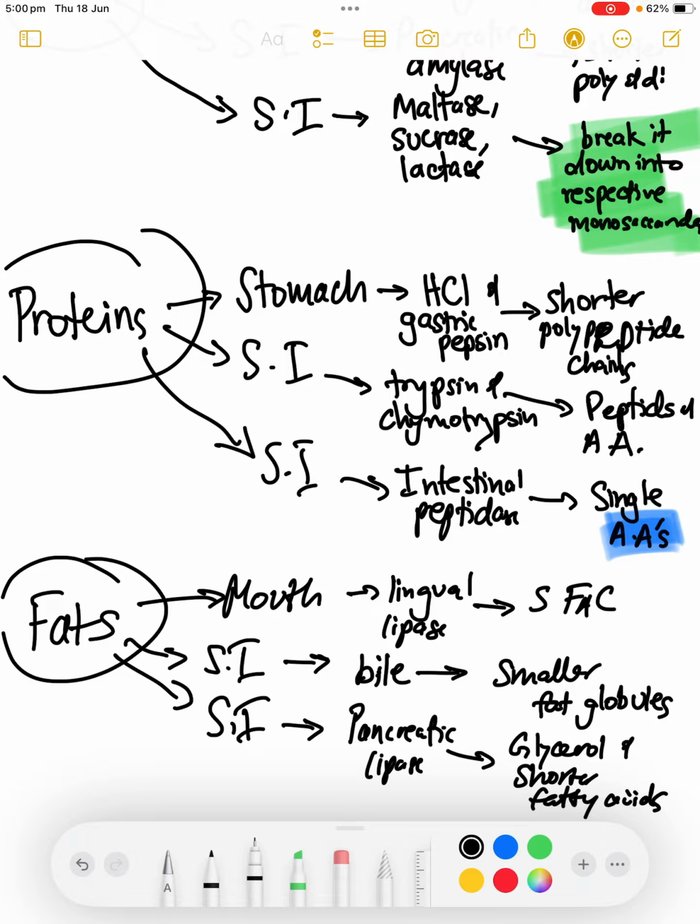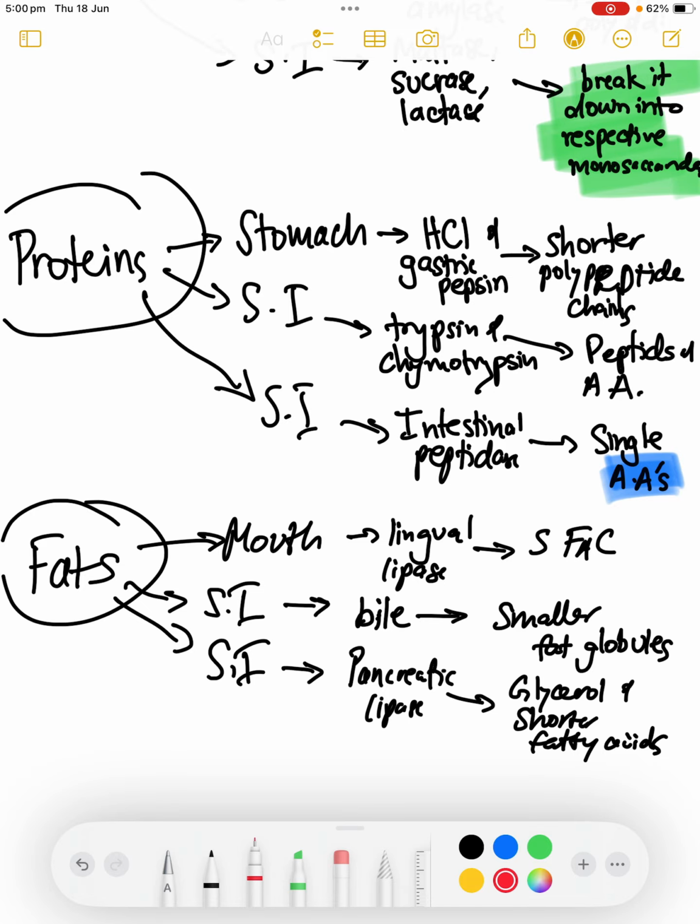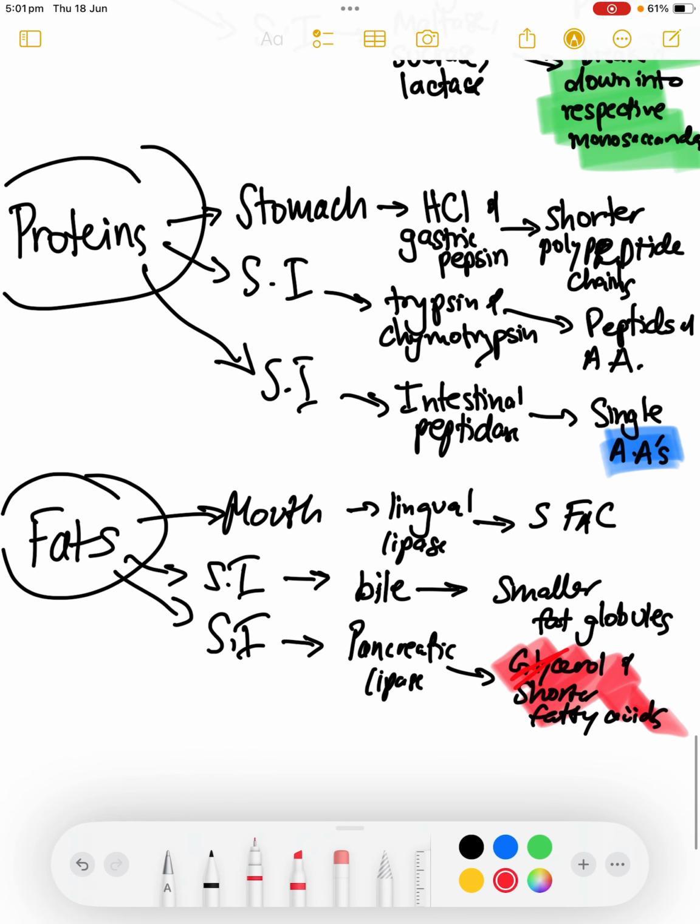And pancreatic lipase can also break it down into monoglycerides and longer fatty acids as well, which are put into the lymphatic system. But I'll keep it to this here and just say that this is put into the bloodstream as well. All right, that's chemical digestion.